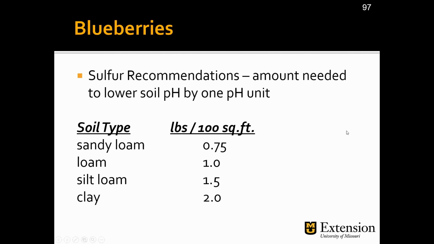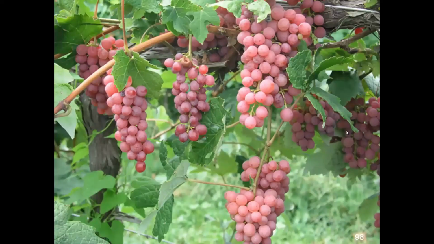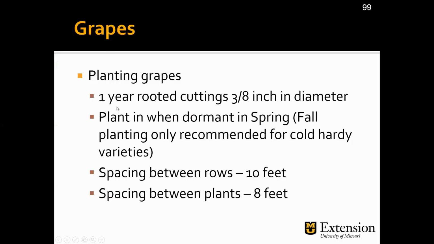Think about the investment. Grapes, like I mentioned, you have two kinds of grapes, wine grapes and table grapes. Usually you want to get year-old rooted cuttings where the stem is 3/8 of an inch in diameter, like a pencil in terms of thickness. You plant when dormant in spring.